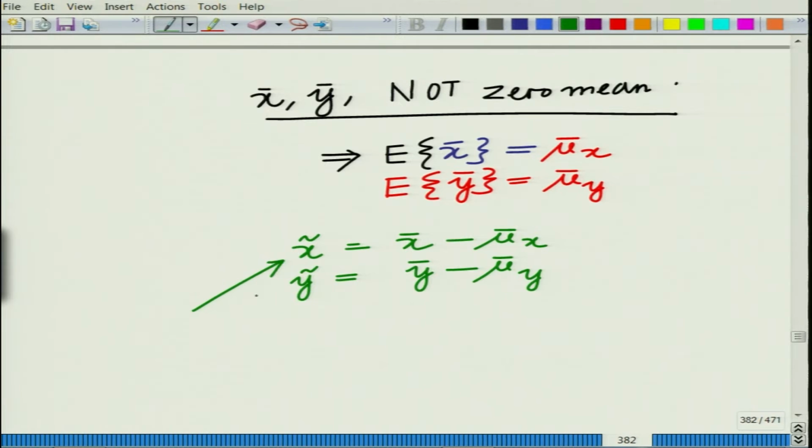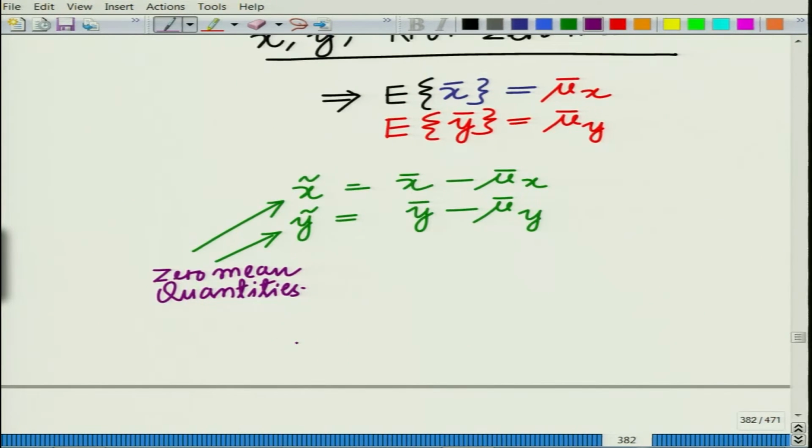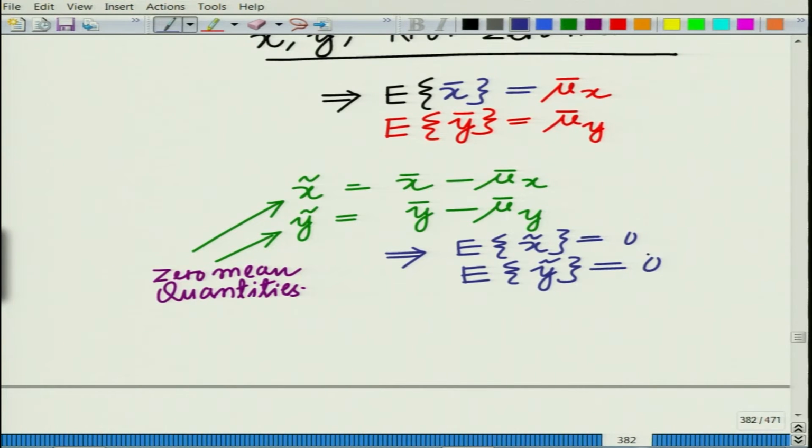Now, note that these are 0 mean quantities. Essentially, we have expected value of x tilde equal to 0 and expected value of y tilde equal to 0.